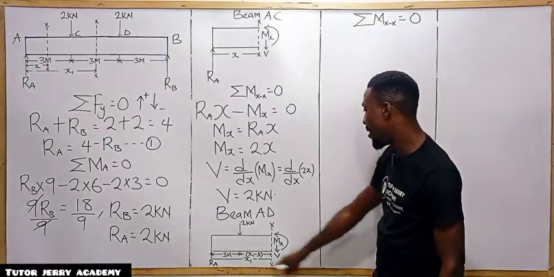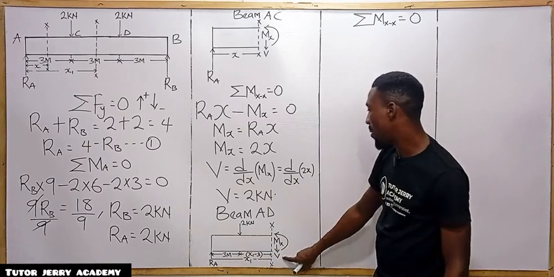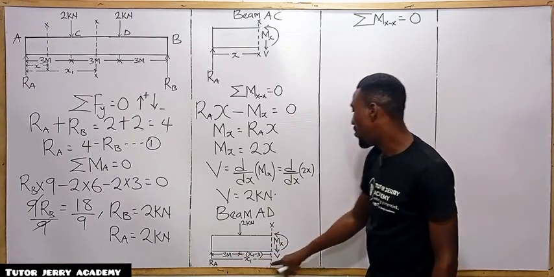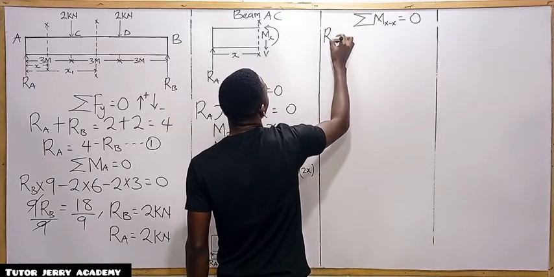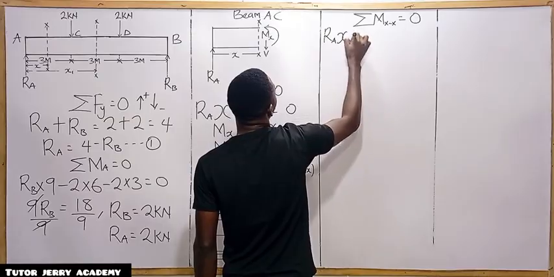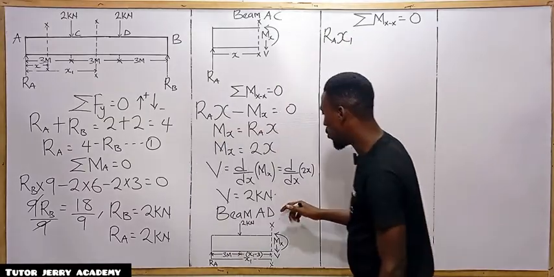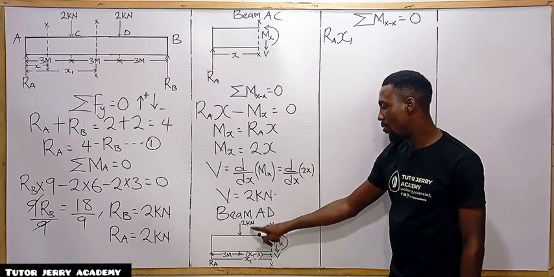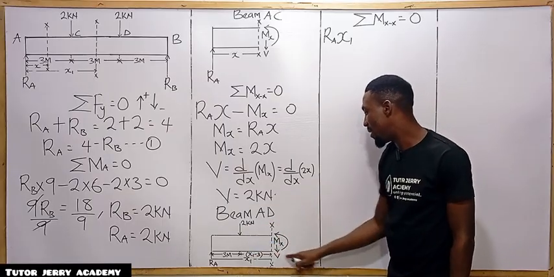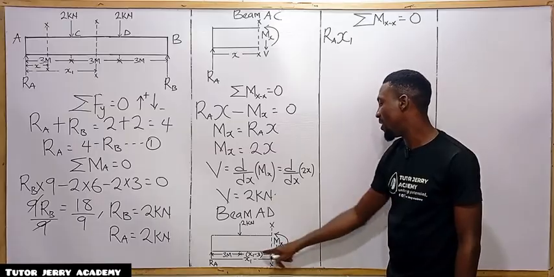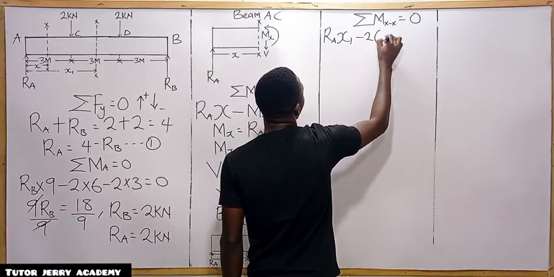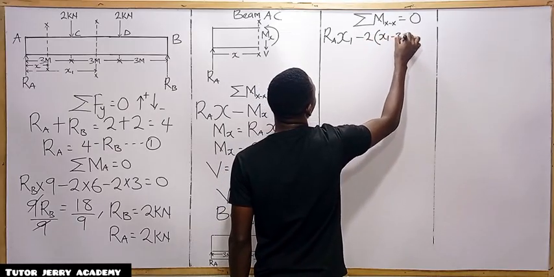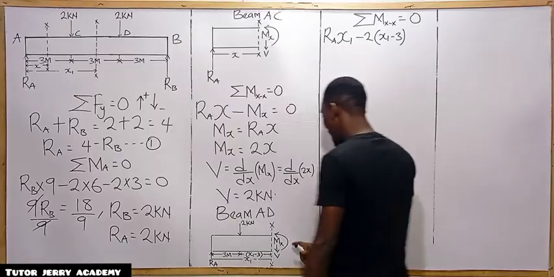So we are taking our moment towards this part. It's going to be RA multiplied by S1, because it is an upward force, this reaction at A multiplied by S1. Then minus, because it's a downward force, 2 multiplied by the distance. The distance from this point to this point is S1 minus 3, so it's going to be minus 2 into S1 minus 3. Again, we have a moment.